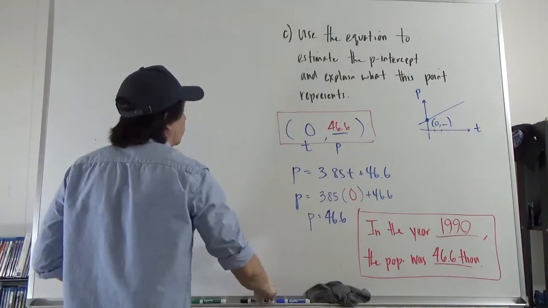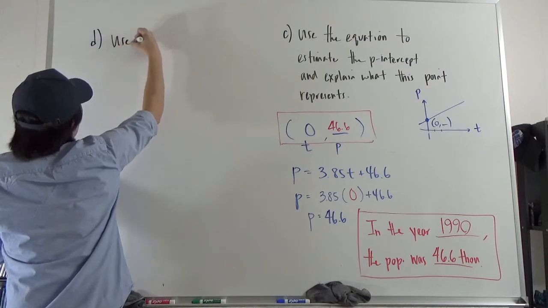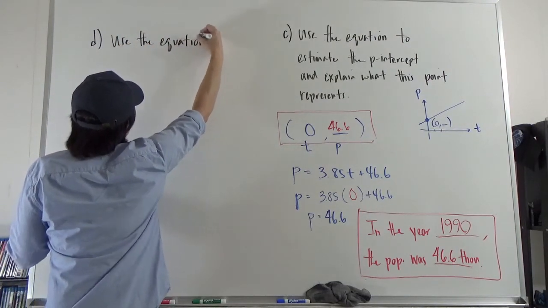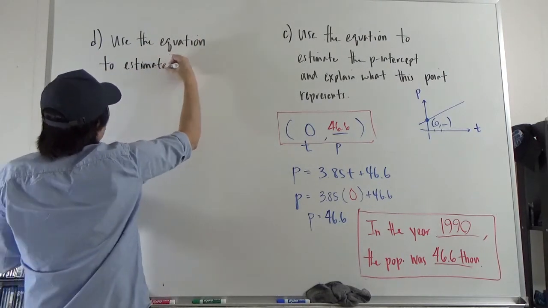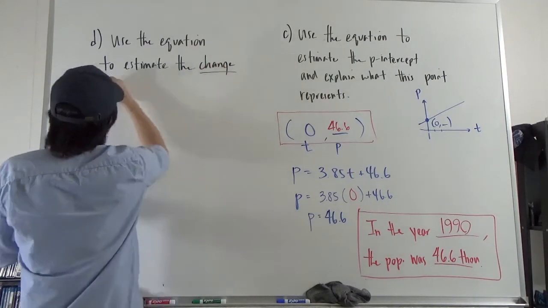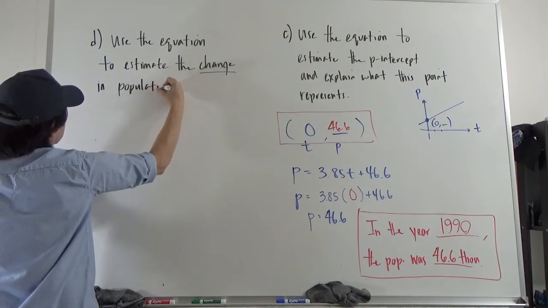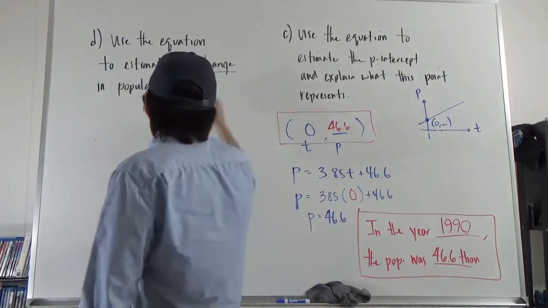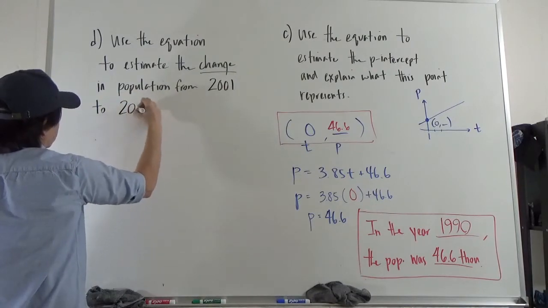This one's a little bit new. Use the equation to estimate the change in population from 2001 to 2006.